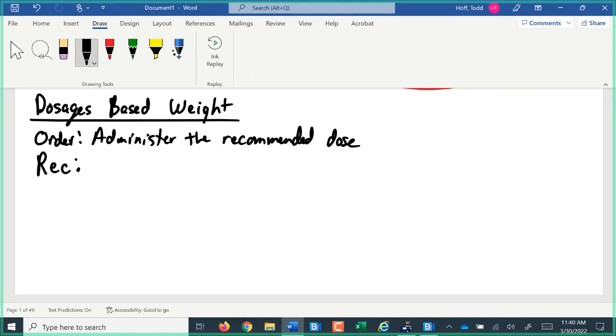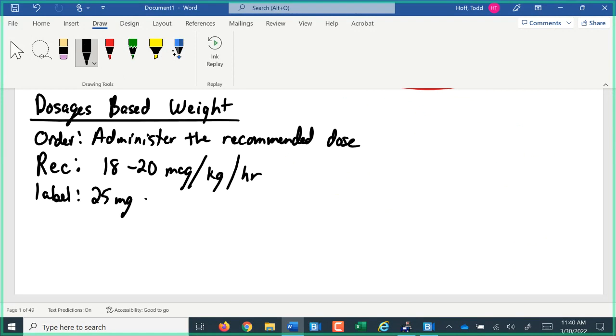So the recommendation is 18 to 20 micrograms per kilogram per hour. And on the label, it tells us that the medication is constituted of 25 milligrams in 4 milliliters of fluid.